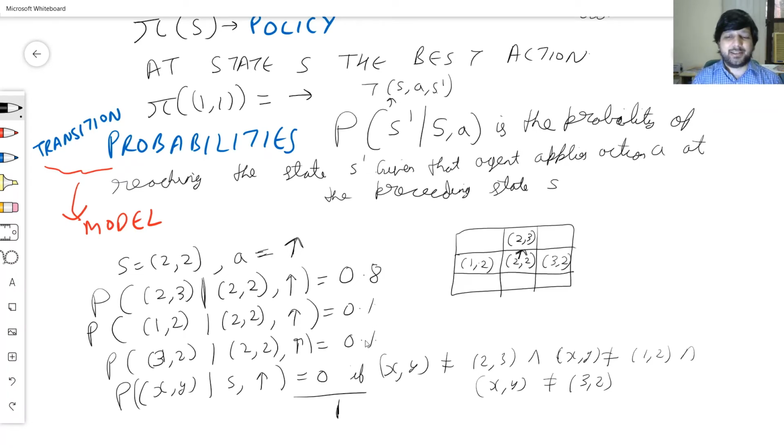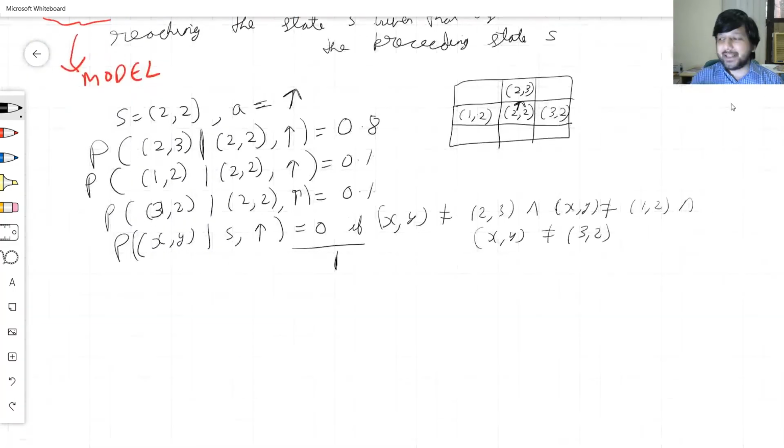And we know it by probability theory as well, that the summation of probability of S' given S, A should always be equal to 1. Now the interesting aspect of it comes over here, because without telling you, I did make an assumption.